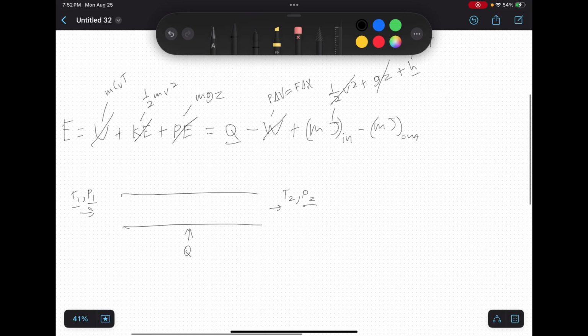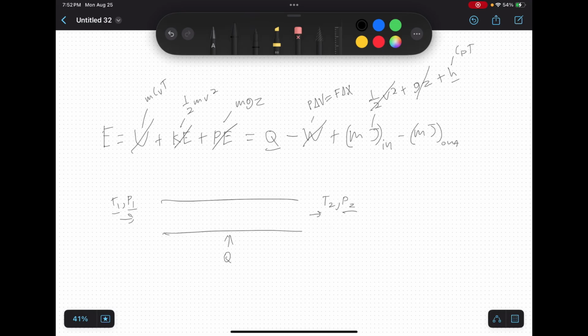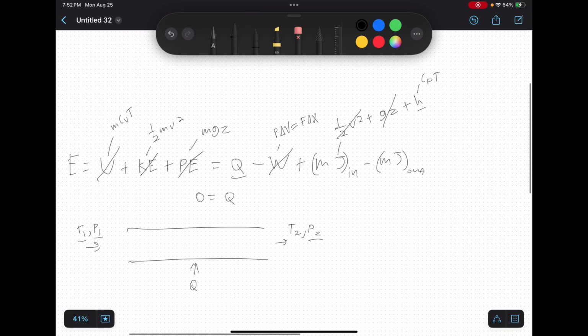Okay, so our final energy balance equation: 0 equals Q plus m. I'll factor out the m, and then we have H in minus H out.